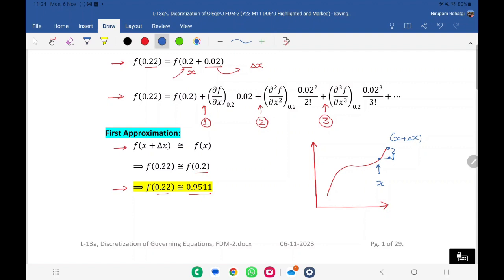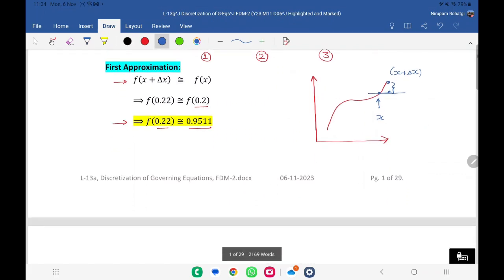What I am saying is that the value at 0.2 distance from the current value is the same as the value at 0.2. So what I am saying is that my function is horizontal after this.